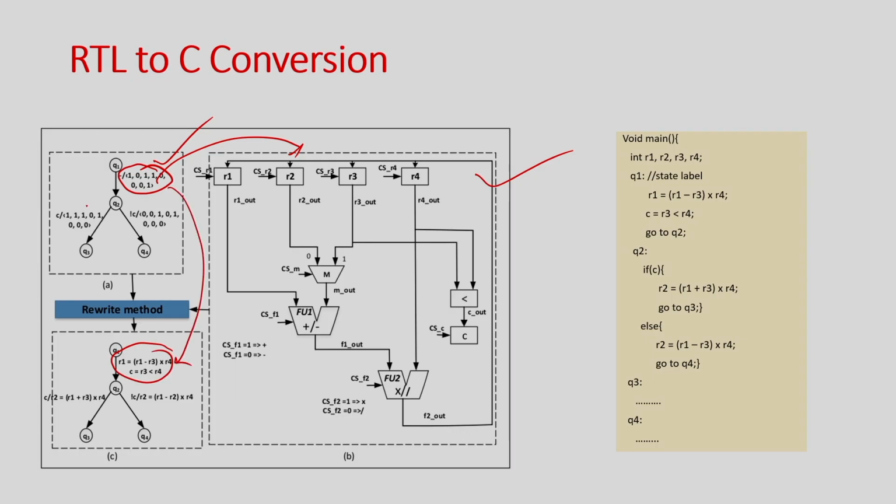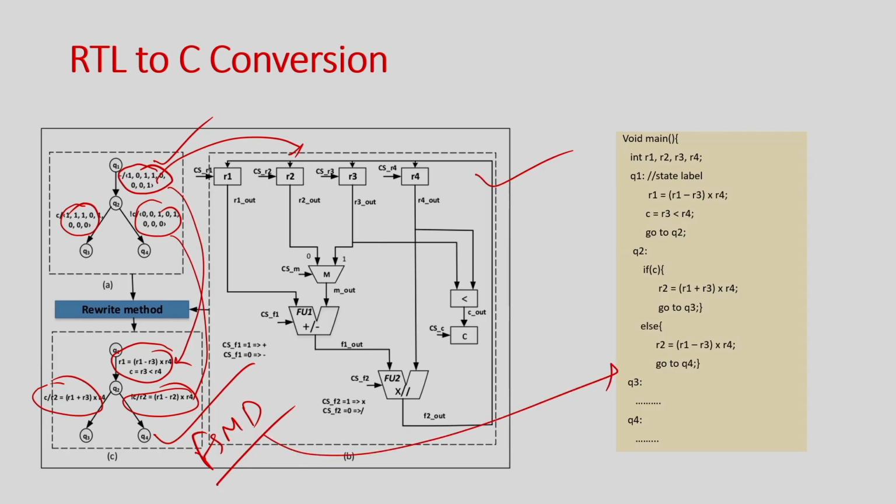I am going to do this for all states, and once I do this, this is nothing but my FSMD, and this particular behavior has no clock, no reset, no memory, nothing. This is simple high level C code, right. So, that is what we have already discussed. We can represent this as a C code as well, and this actually helps us.